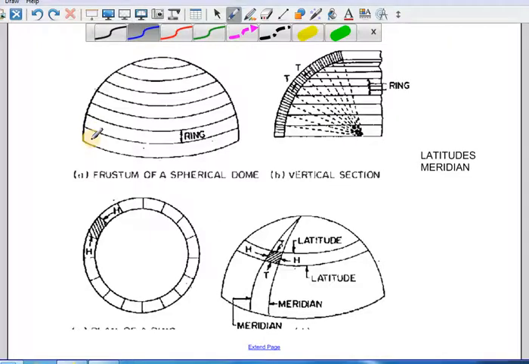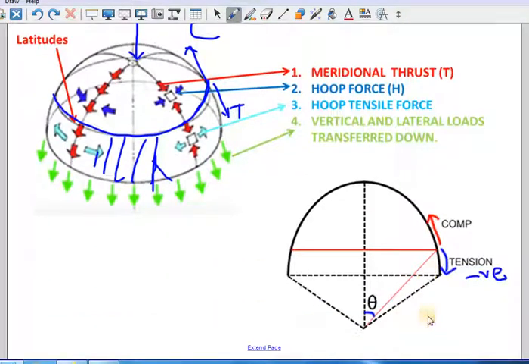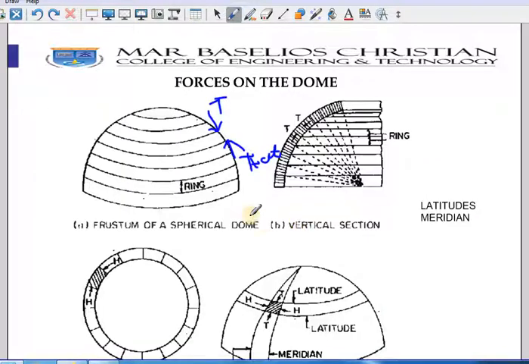Because of this weight, there will be a force like this, tangential through the meridian. This is called thrust T. And you will be having T plus a small dt, because I will tell you what it is, we'll see in the next slide.